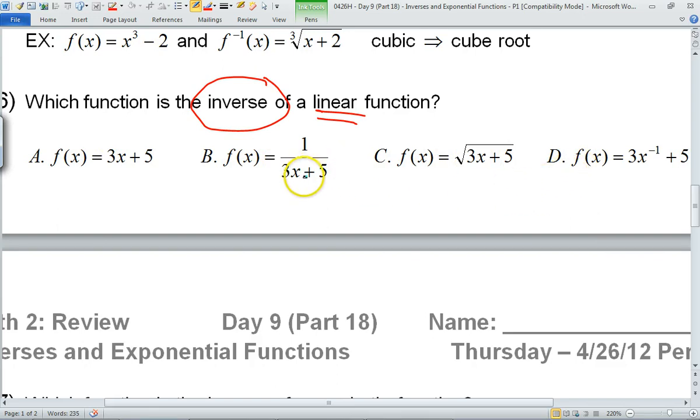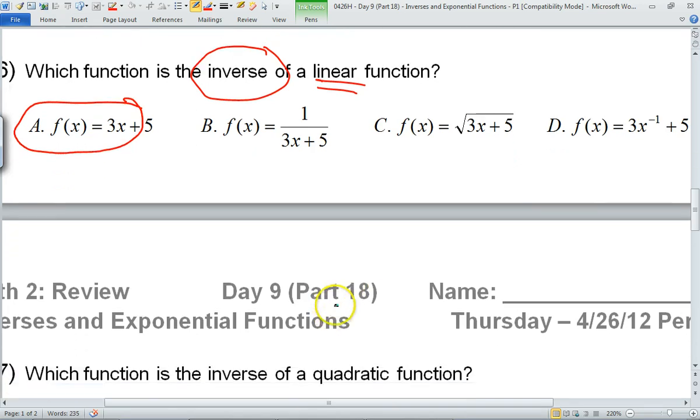That's close, except for the fact that it's in the denominator. Can you see one that just looks like y equals mx plus b? A. Function A is the one that is linear. It's still y equals mx plus b. Linear should stay linear, so we're looking for y equals mx plus b. The answer is A.